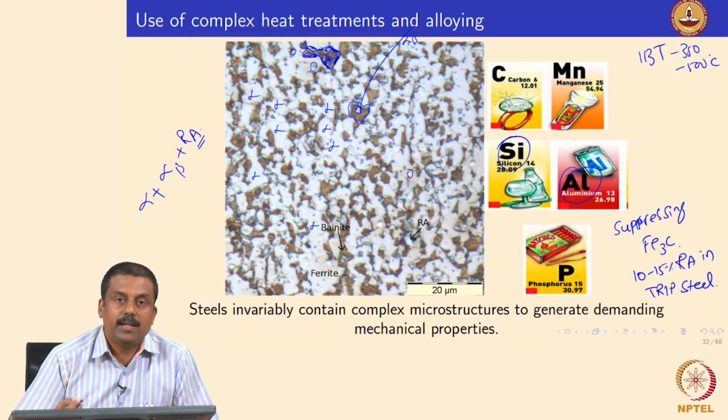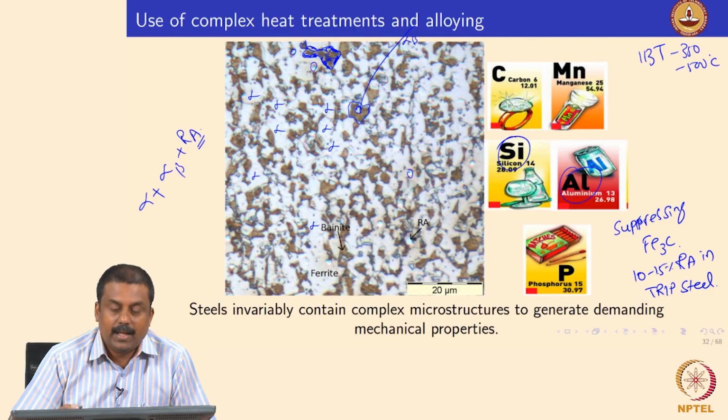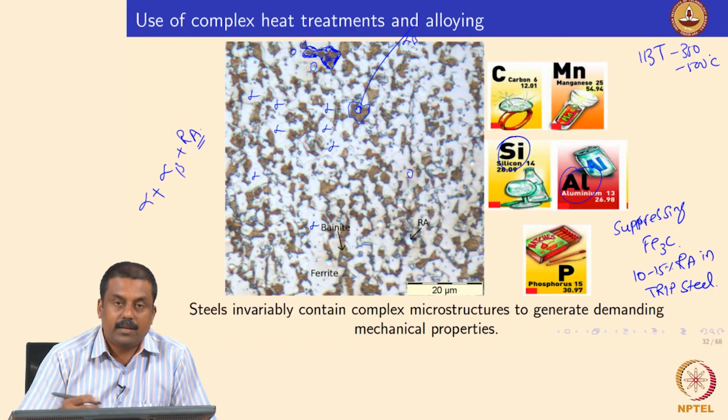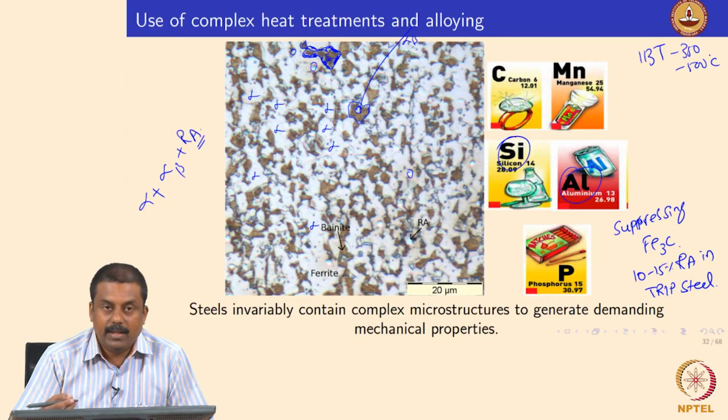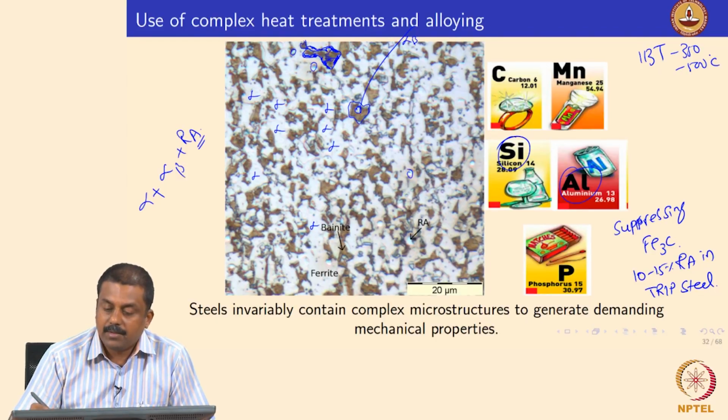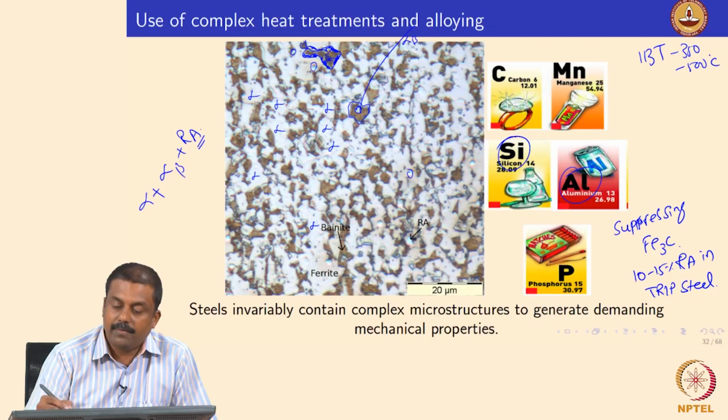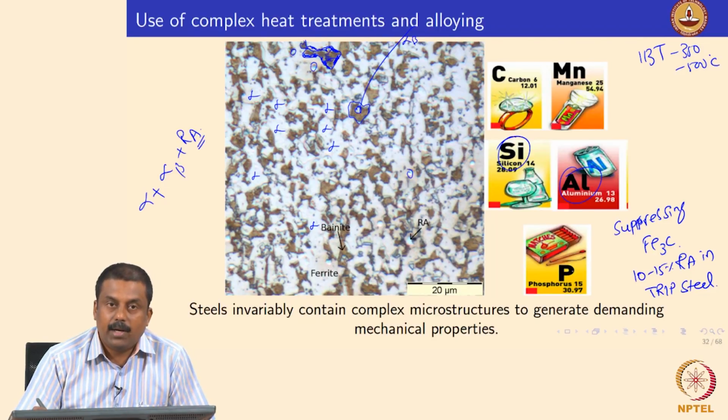During this transformation, we enhance the plasticity, and when this austenite transforms to martensite during loading, you also gain some strength and toughness advantage. I would like to say here as well that, apart from silicon and aluminum, modern TRIP steels, the modern automotive steels, also have some amount of phosphorus.